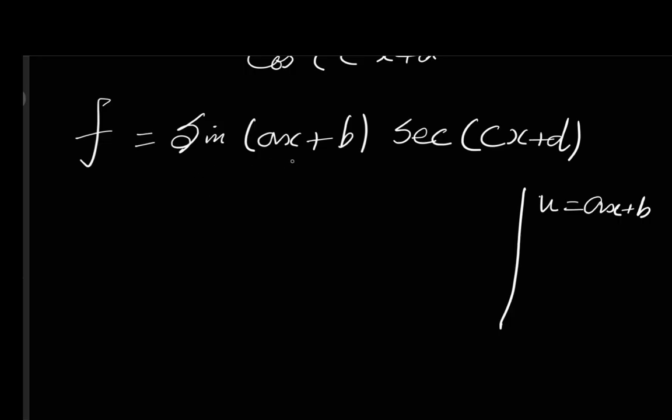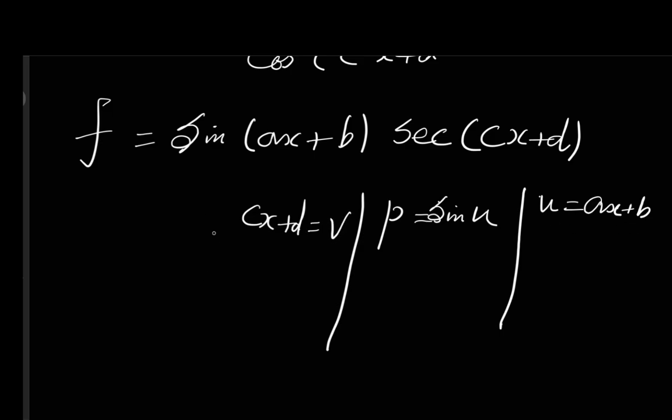First I make the substitution u as ax plus b. Therefore sine of ax plus b becomes sine u, which I take as p. So p is equal to sine u. Then cx plus d I take as v, so this is secant v, which I take as q.